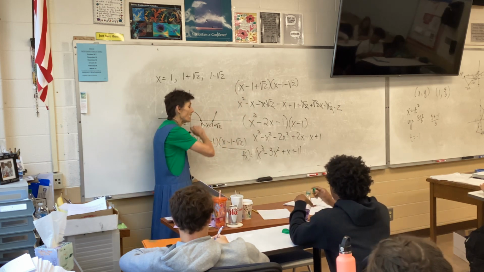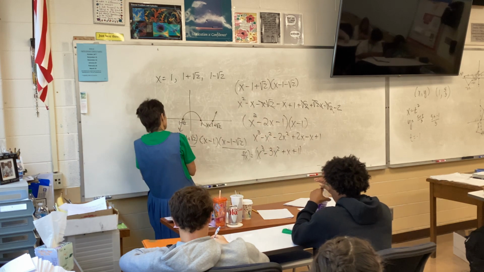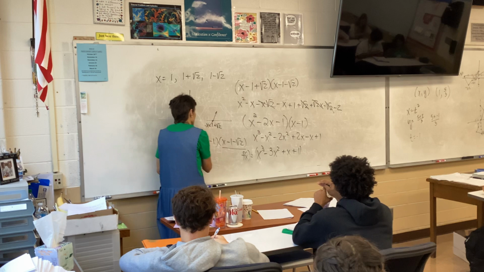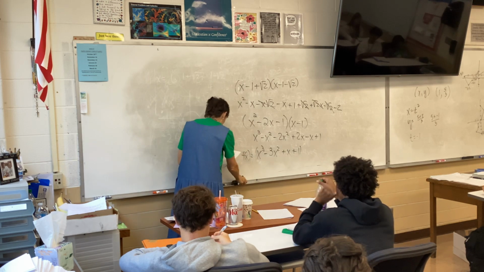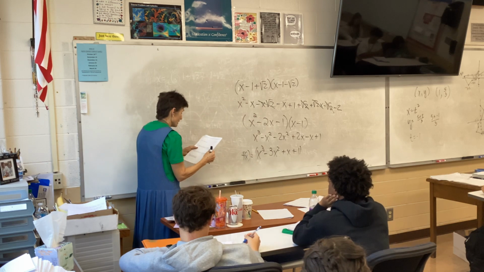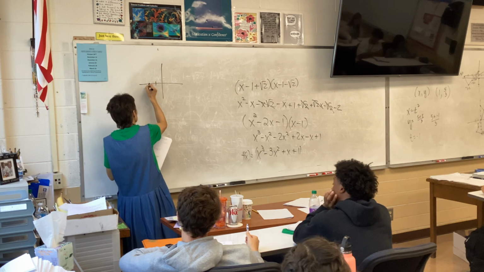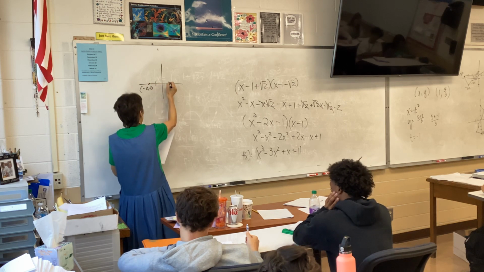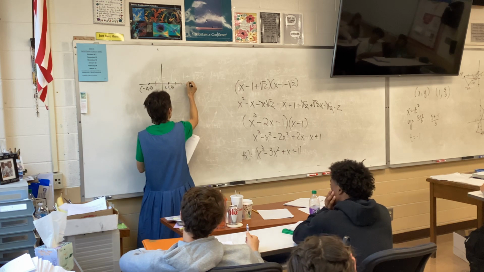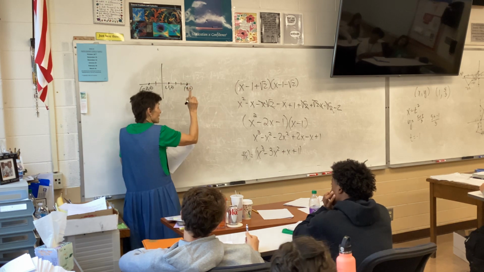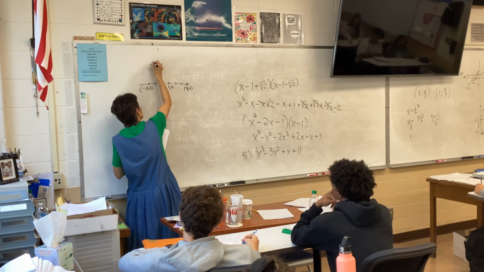Now, look at question 8. What's different about question 8? What does it say? Find the cubic function with zeros at -2, 1, and 4, and containing the point -1, 6.